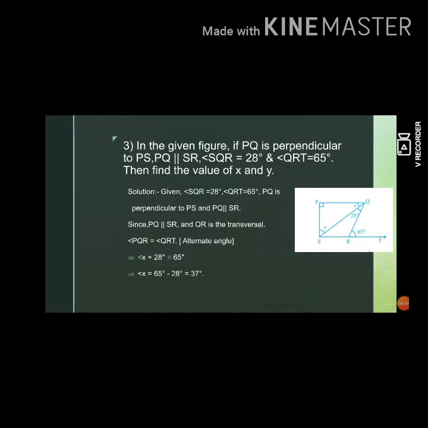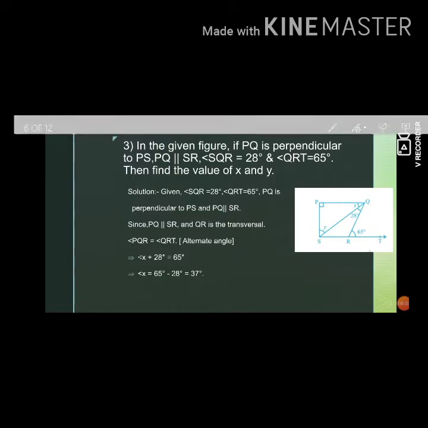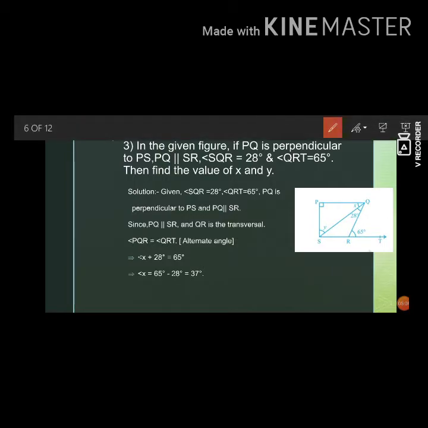Next, our question number 3 is, in the given figure, if PQ is perpendicular to PS, you can see PQ, this line is perpendicular to PS, and angle SQR is 28 and angle QRT is equal to 65.